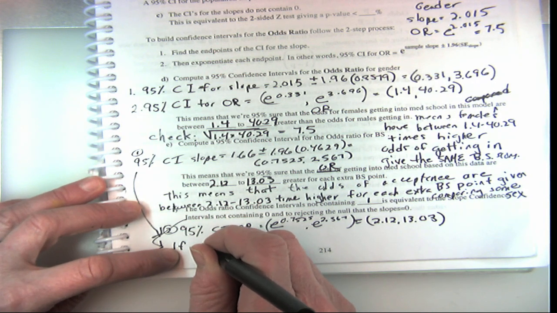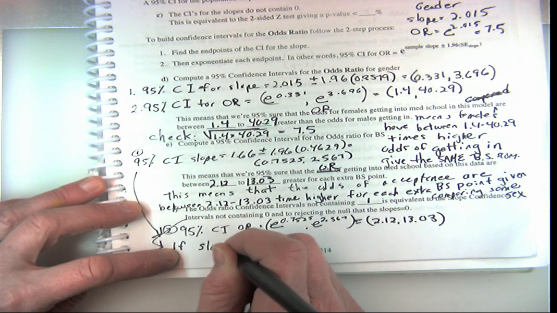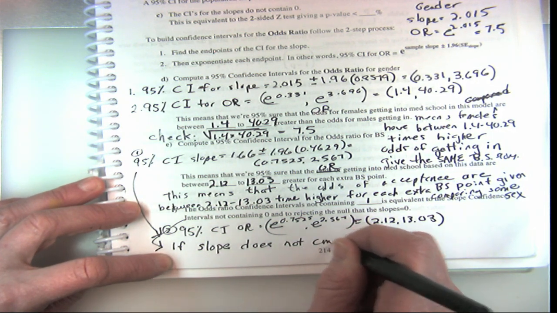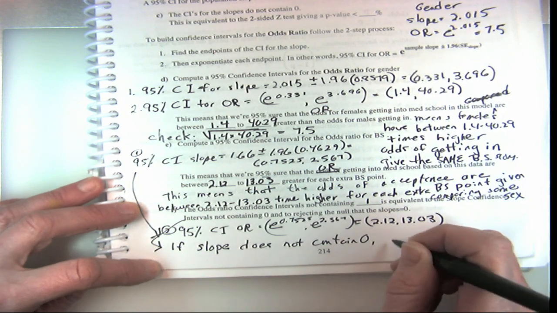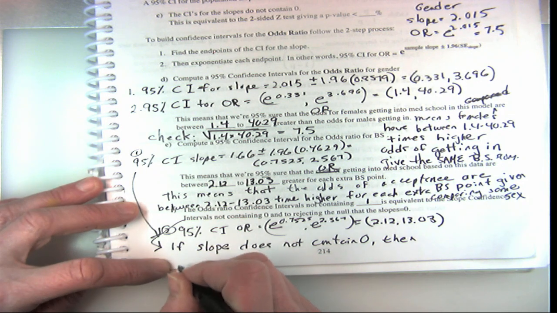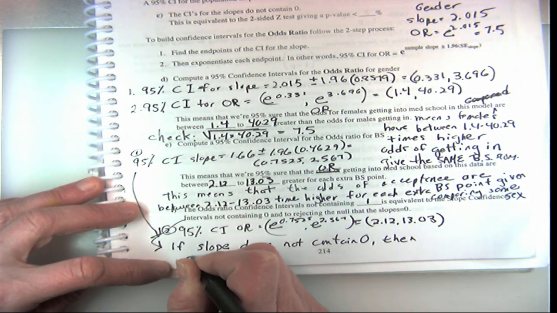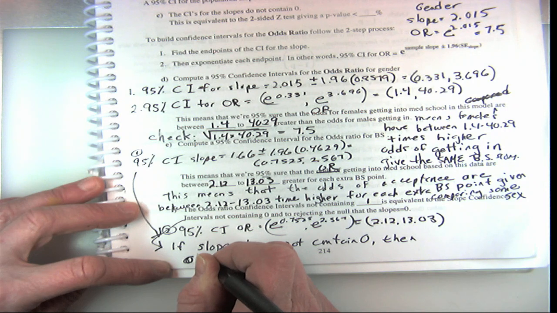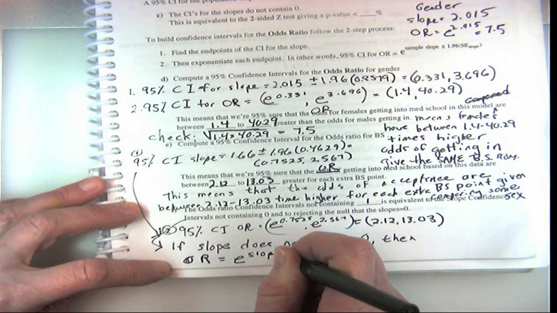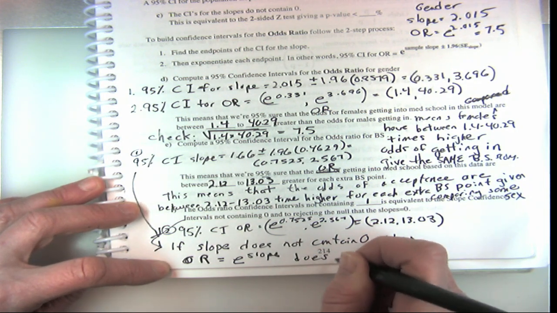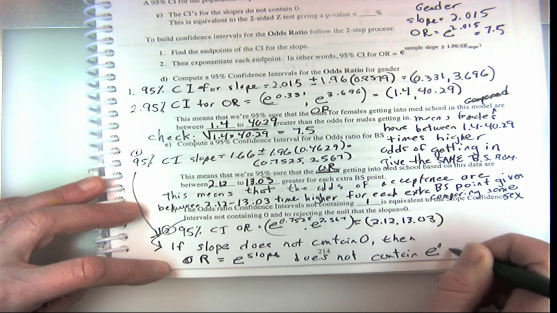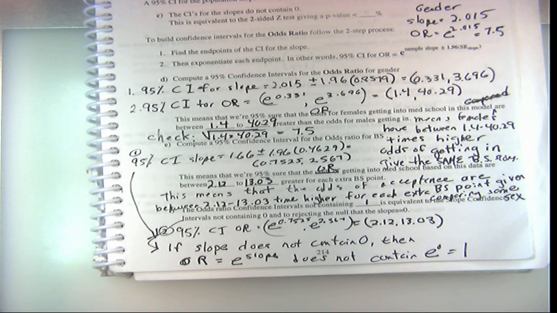If the slope in the log odds does not contain 0, then the odds ratio, which is equal to e to the slope, does not contain e to the 0, which is 1. Maybe that math would help.